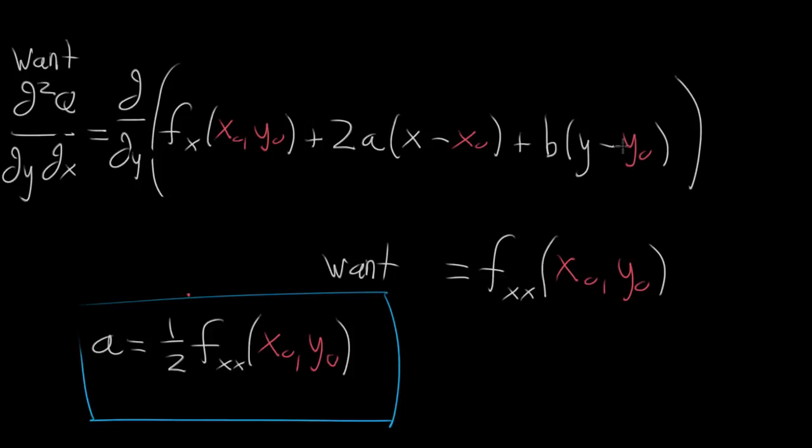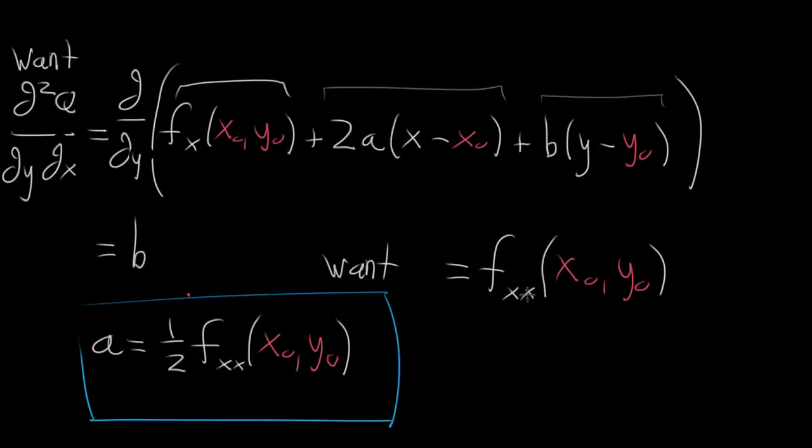When we take the derivative of this whole guy with respect to y, this looks like a constant. This here also looks like a constant, since we're doing it with respect to y and no y's show up. And the partial derivative of this just ends up being b. So again, we just get a constant. This time it's b, not 2a. Previously it was 2a, but now it's just b. And this time we want it to equal the mixed partial derivative.